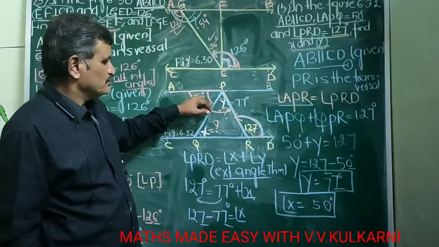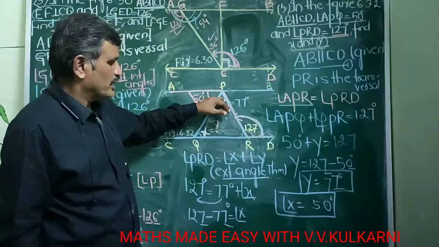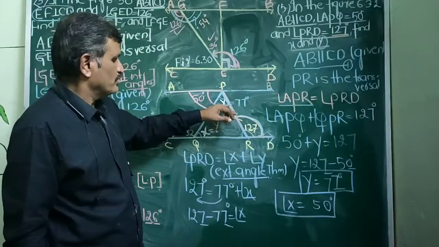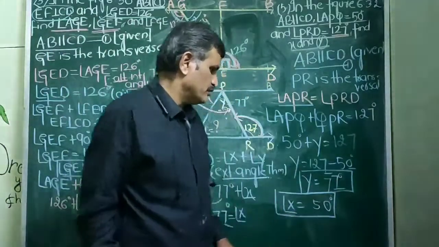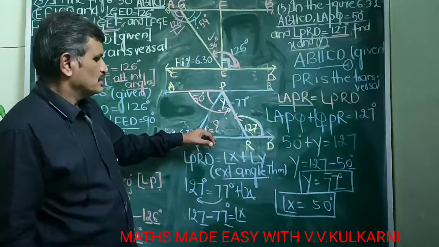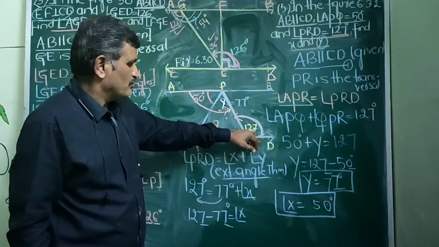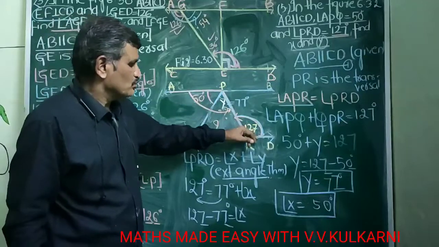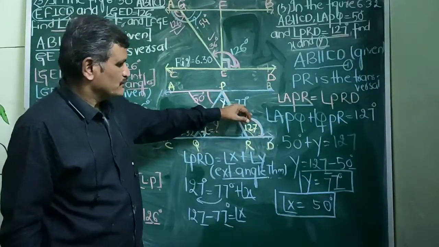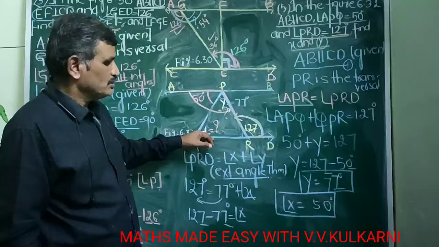Out of which, if this is 50, then 127 is equal to 50 plus y, and therefore you are getting y as 77. Then you need to find x. It is very simple. The exterior angle of a triangle is equal to the sum of the interior opposite angles. So this has to be equal to this plus this, and out of which if this is 77, then this has to be 50.